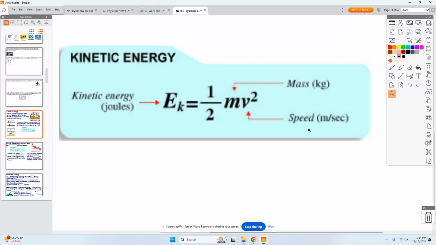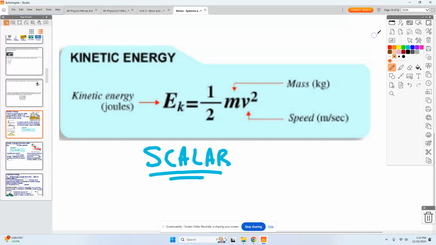Now this is kinetic energy. It is a scalar quantity. Scalar means no direction associated with it. So it's scalar. No direction. Kinetic energy, fairly easy to work with energy principles as opposed to vector quantities. Vector quantities, we have to worry about which way they're pointed. Kinetic energy, scalar. No direction associated with it.